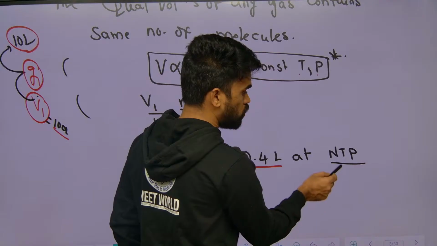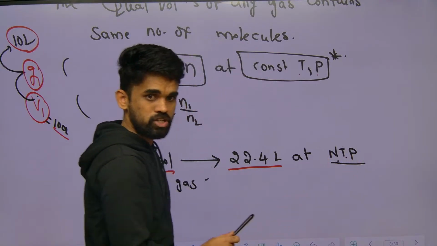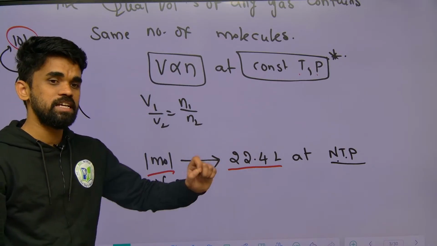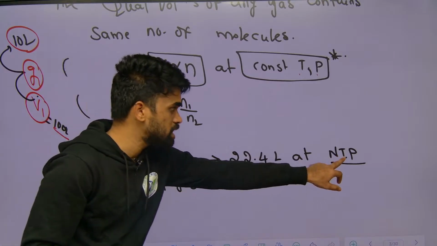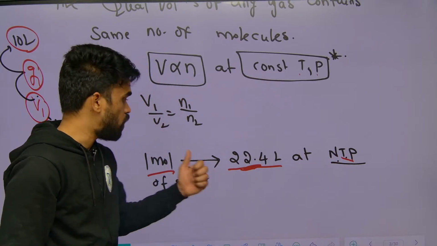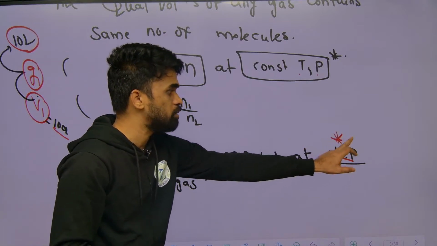NTP means normal temperature and pressure, like I told you yesterday: 0 degrees Celsius and 1 atm pressure. At that condition only. Sir, what if I change the temperature and pressure? If you change these values, the volume occupied also changes. That's why these fixed quantities are important.